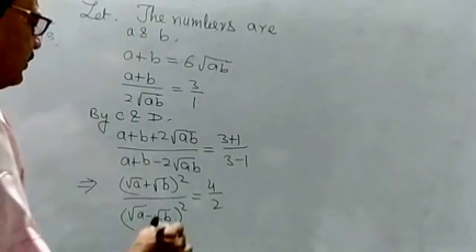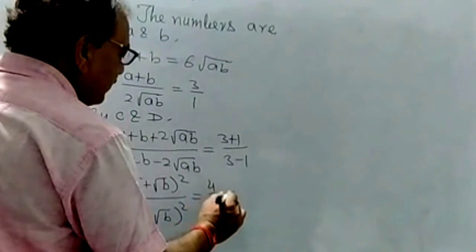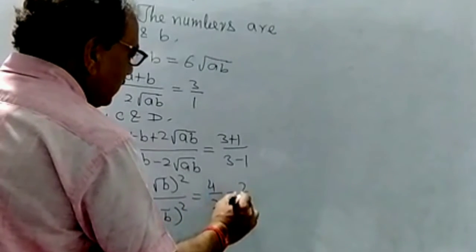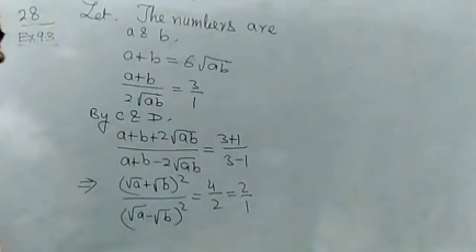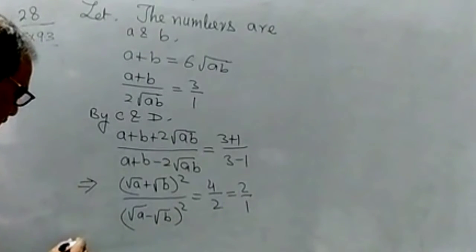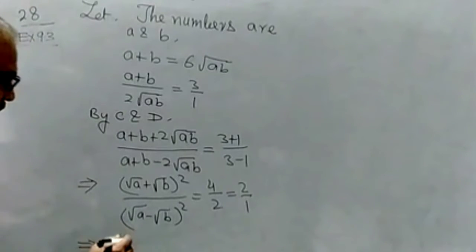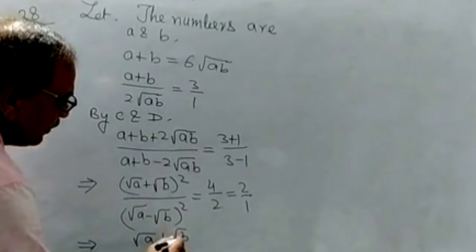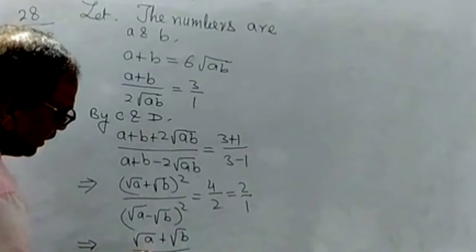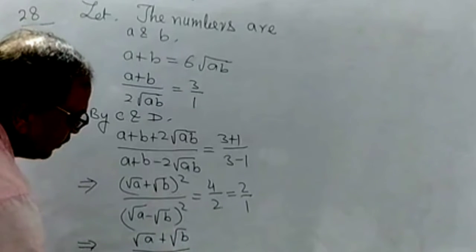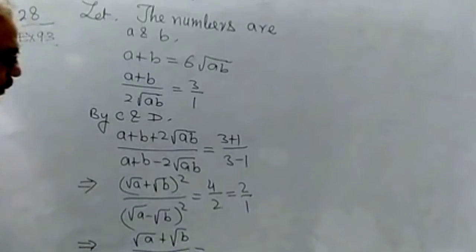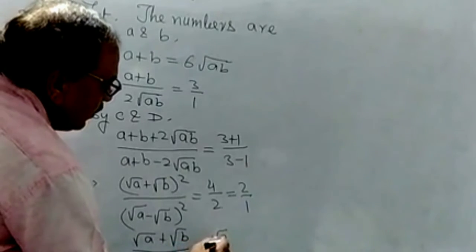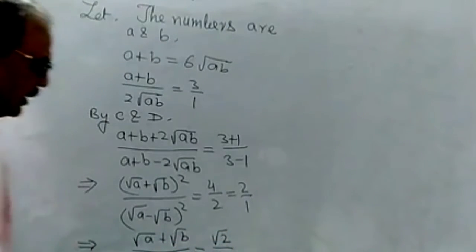We can simplify this to 2 by 1. Now we can take the root of this. Here, root a plus root b upon root a minus root b equal to root 2 by 1.